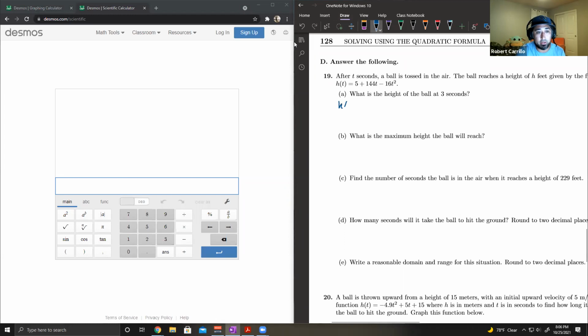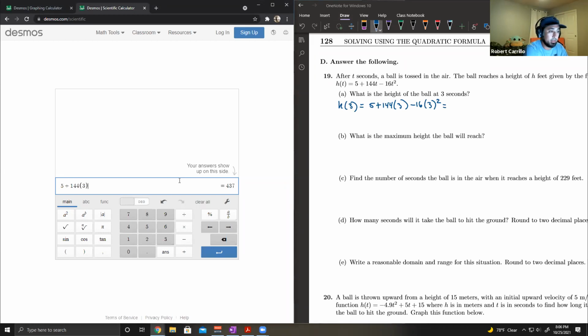So you'll have h of 3 equal to 5 plus 144 times 3 minus 16 times 3 squared. So let's see what we get. 5 plus 144 times 3 minus 16 times 3 squared. And we get that at 3 seconds, the ball will reach 293 feet.